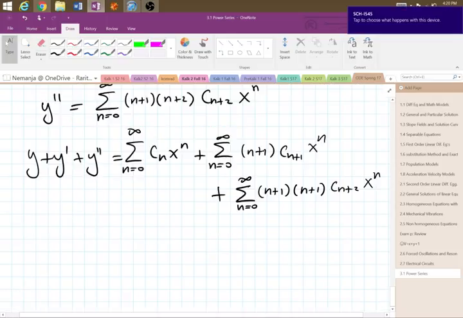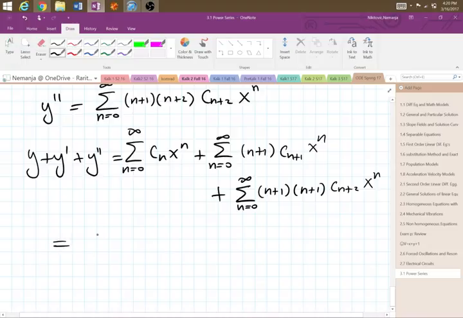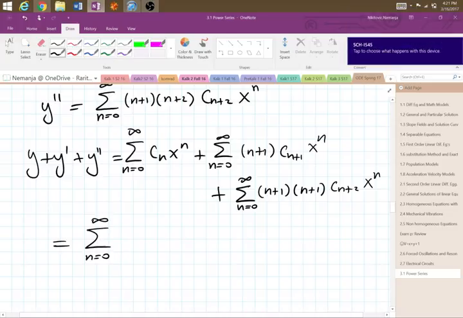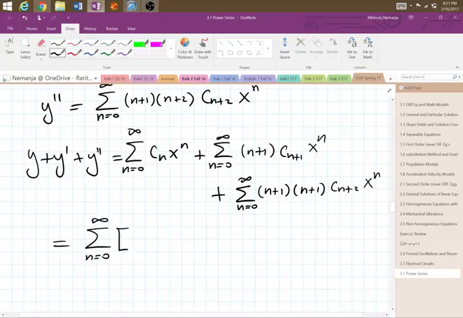Now if you carefully observe, all of the counters start at 0. So I can pull all of these together under one sum, because all of the counters match. And observe that each one of them has exactly x to the n power, right? And because it has x to the n power, I can factor that out, leaving something called a recursion equation, which will be the center focus of our solution to differential equations.